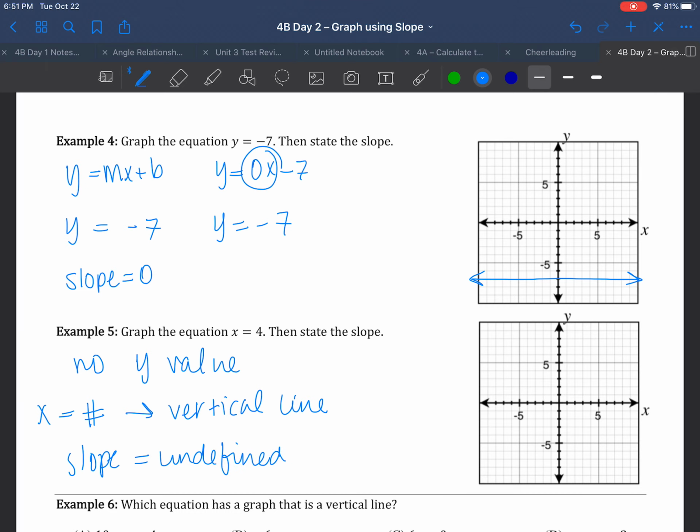Okay, so I'm just going to find that x value of 4 and draw a vertical line. This also means that another way of thinking about it is that every point on that line has an x value of 4. So that means that's the only line that I can have where every single point has an x value of 4. Okay?